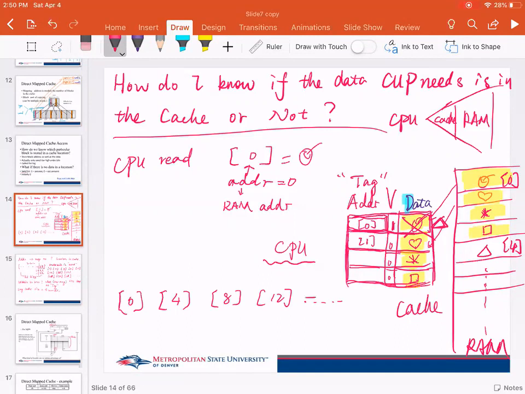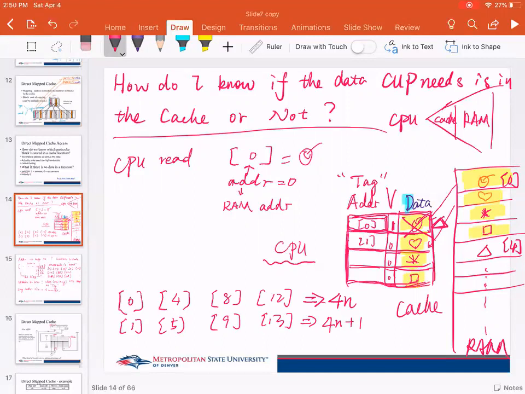They all satisfy 4 times n. And if number 1 address is placed into the second index of the cache, then number 5, number 9, number 13, they all share the same cache index. So those kinds of addresses share the same cache index.